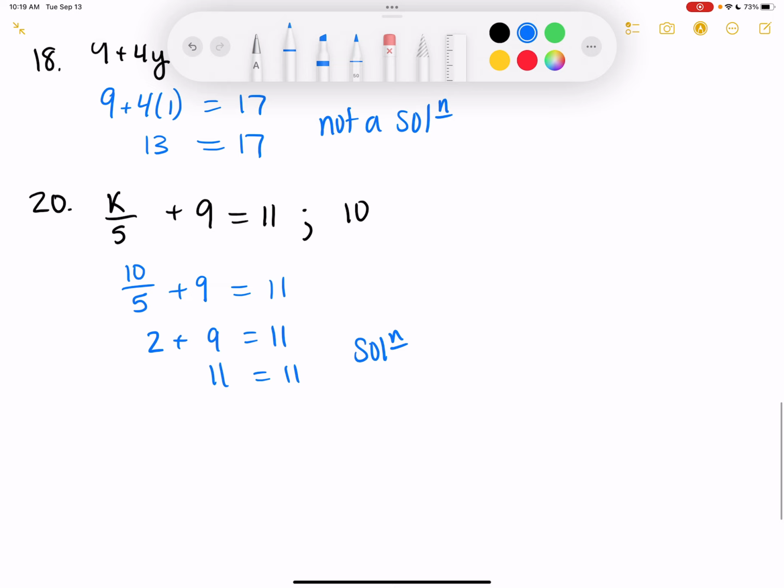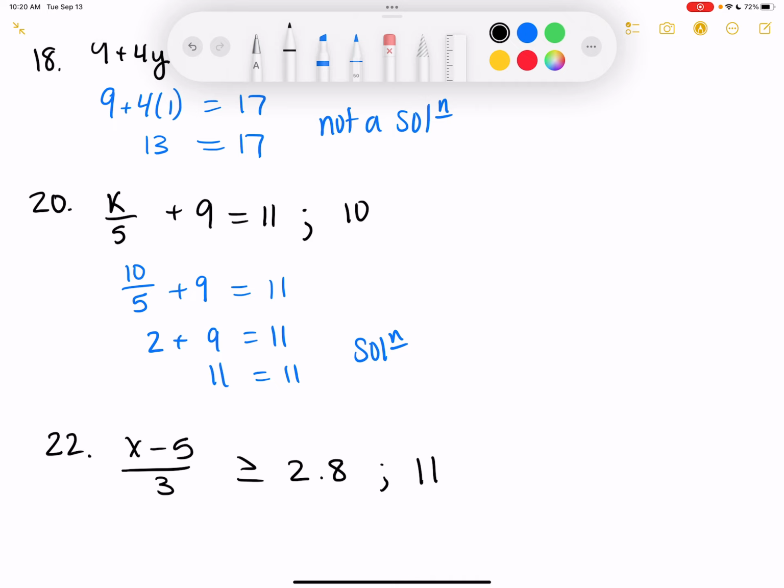All right, so those two were problems that were equalities. Now we're gonna get into the inequality ones. Okay, so if I have something like 22, x minus 5 over 3 is greater than or equal to 2.8, and they want us to plug in 11.